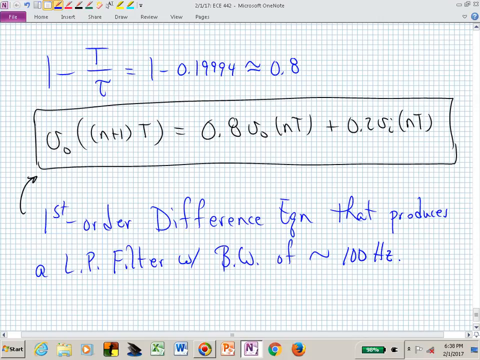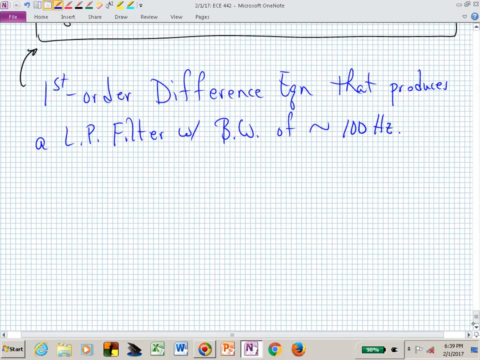Let's see if we could do that relative to the same kind of sinusoidal input. We had a cosine waveform. What if V sub I, now instead of V sub I of t, we're sampling it, so it's now V sub I of nT. It had an amplitude of 2.